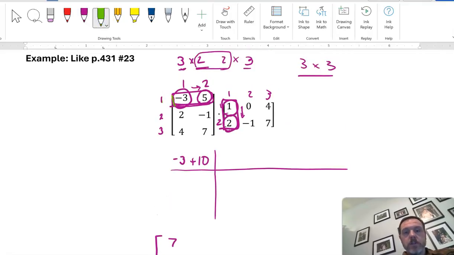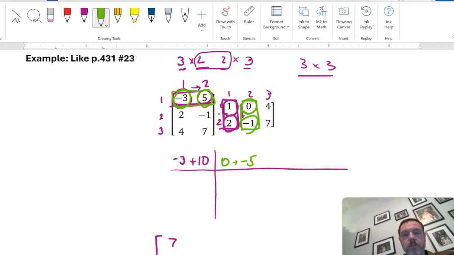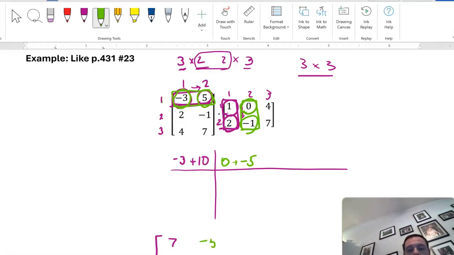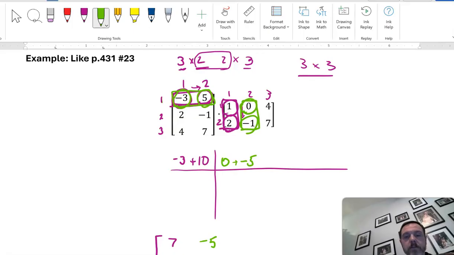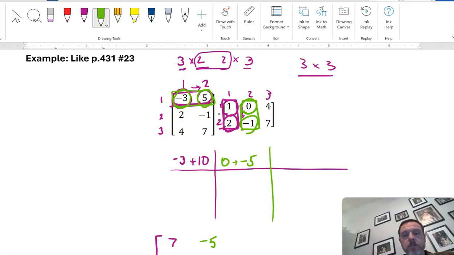Top row and next column over, middle column. So -3 times 0 is 0. 5 times -1 is -5. Add that together, that is again -5. Again, I should have a 3 by 3.